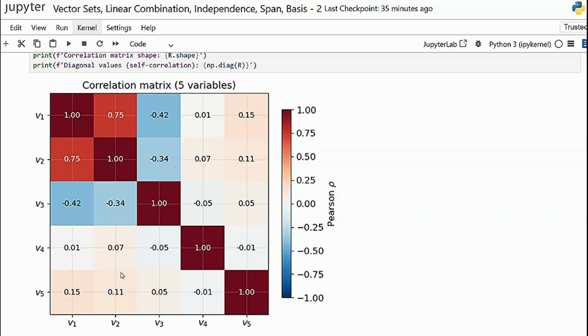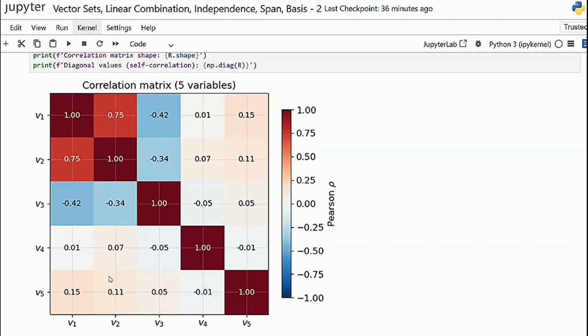Observe the diagonal is always 1. Yes, each variable is perfectly correlated with itself, and the matrix is symmetric. So as per the diagram, Rij equals Rji, a property we will see again when we discuss transpose properties.